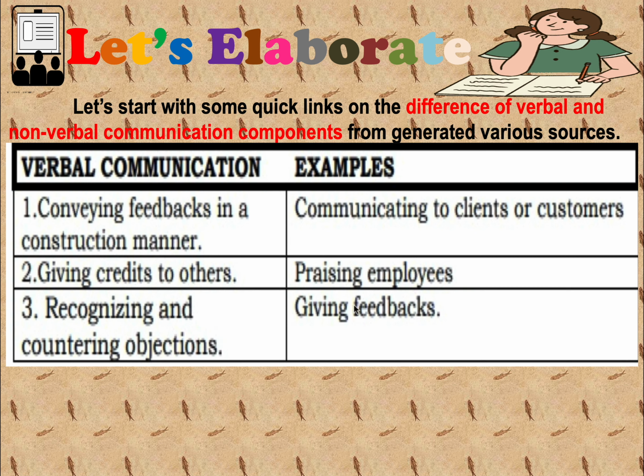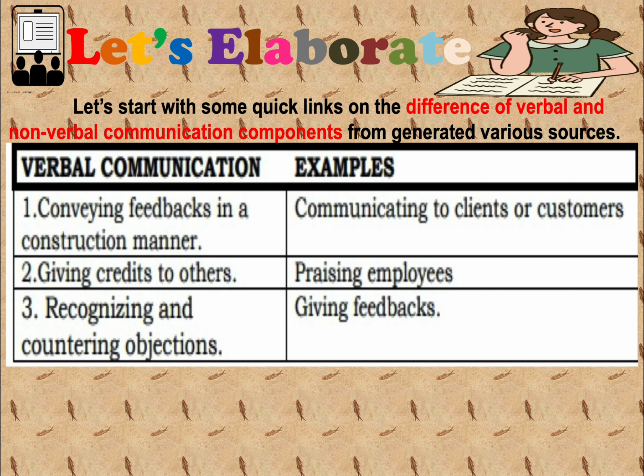Other examples are conveying feedback in a constructive manner, such as communicating to clients or customers, giving credit to others such as praising a student, teacher, friend, employee, and so forth. Recognizing and countering objections is also a form of giving feedback.